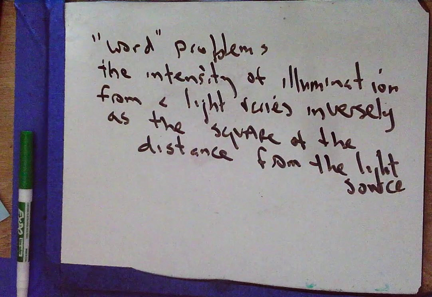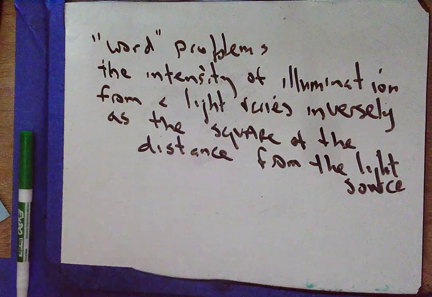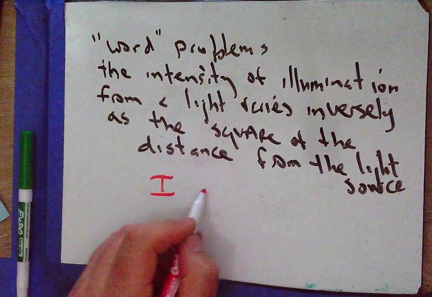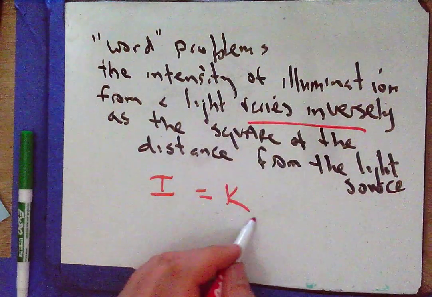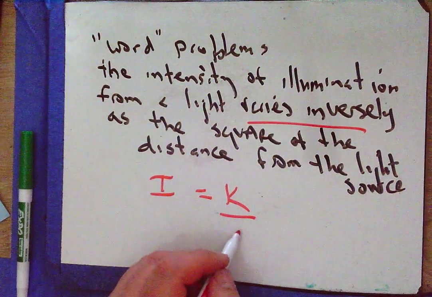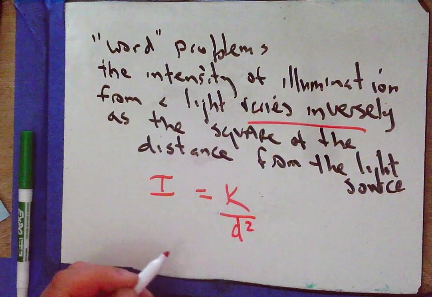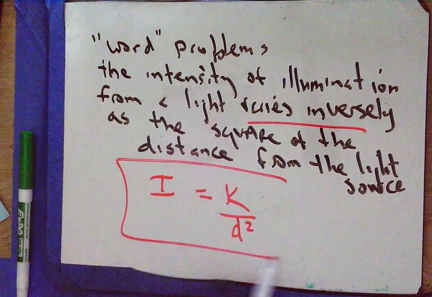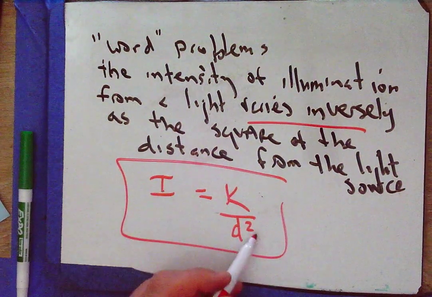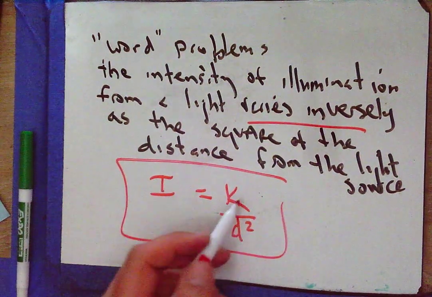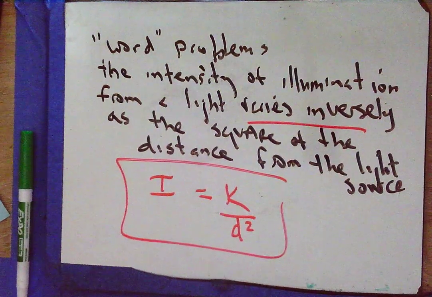So what I think about here is the intensity varies inversely with the square of the distance. And then they'll give me some information, some knowledge about distance and intensity, and I'll be able to solve for k.